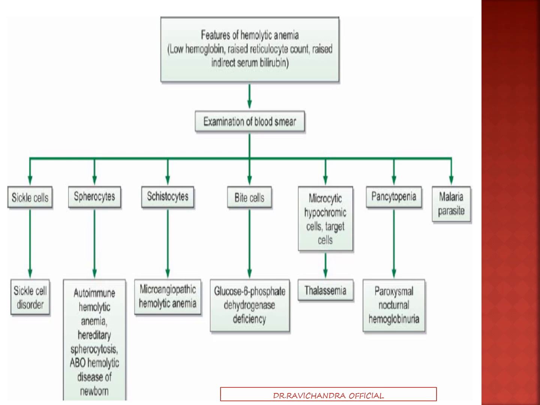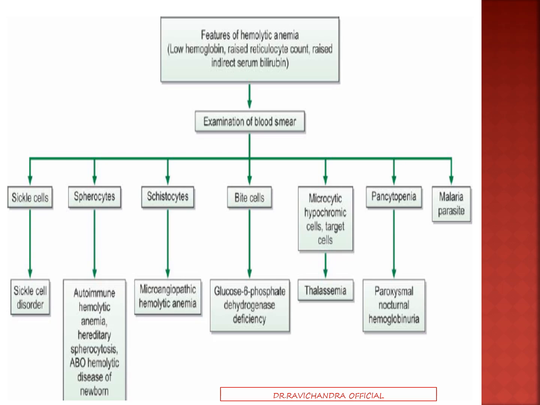When you observe the blood smear, if you find sickle cells in the peripheral smear, then it is a sickle cell disorder. If spherocytes are seen, the disease can be autoimmune hemolytic anemia, hereditary spherocytosis, or ABO incompatibility hemolytic disease of newborn.